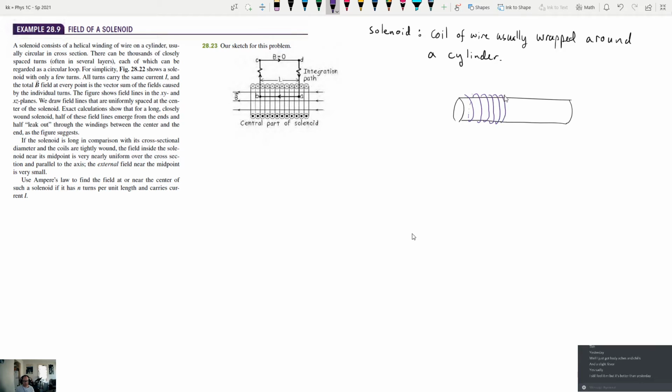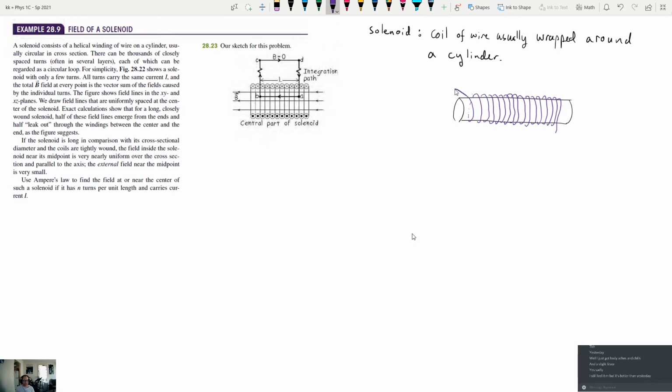It's one wire, not multiple wires, wrapped continuously around something like this. Maybe I can make it cross so it's clearer that we're wrapping lots of turns. And eventually the wire will come out like this.